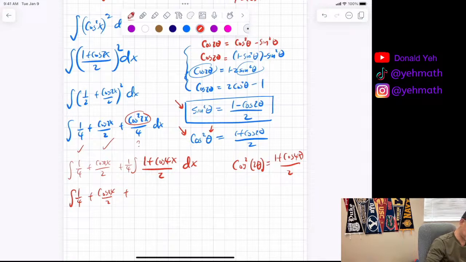Well, we can just do 1/4 integration 1/2 dx and then plus 1/4 integration of cosine of 4x over 2 dx. You get the 1/2. Can you split a fraction? 1 over 2 plus... Oh, I see. You can do it either way. Either way is acceptable.